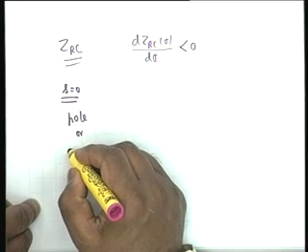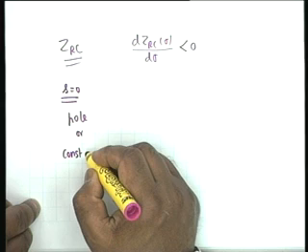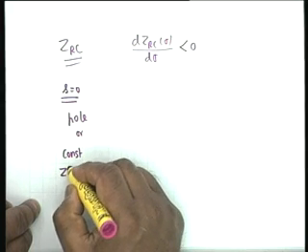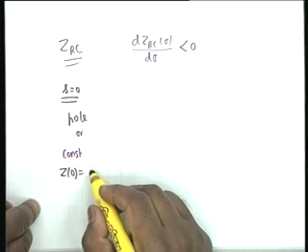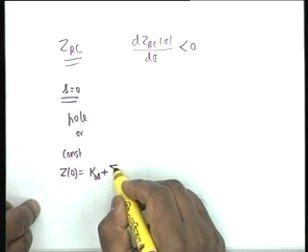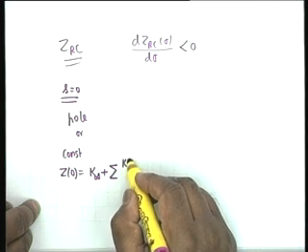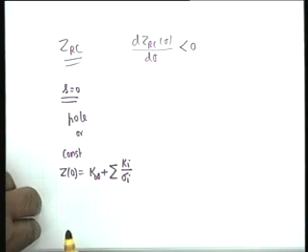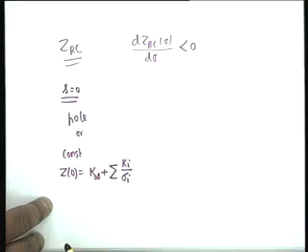What is the constant value? It is k infinity plus summation ki divided by sigma i. This is the constant value.